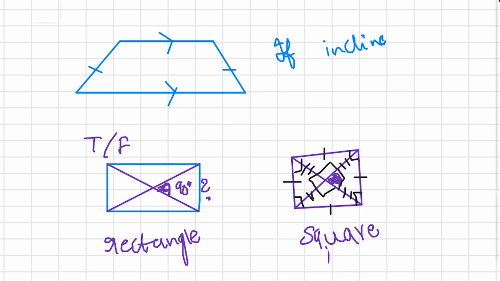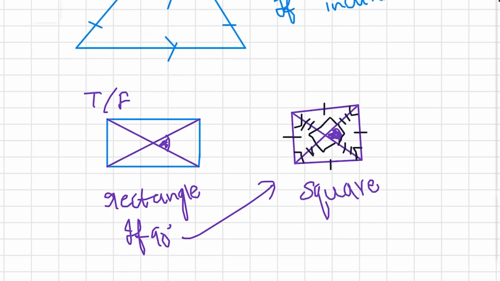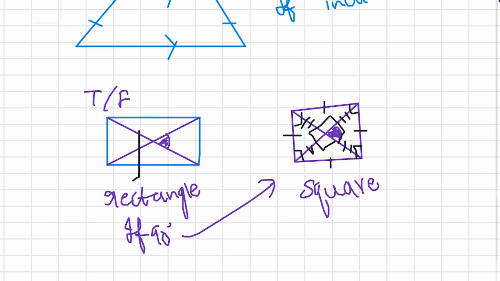False. This angle is not 90 degrees, because the diagonals are not perpendicular. It could be 90 degrees, but you don't know for sure. If it is 90 degrees, it becomes a square actually. The orientation will become such that it transforms into a square.